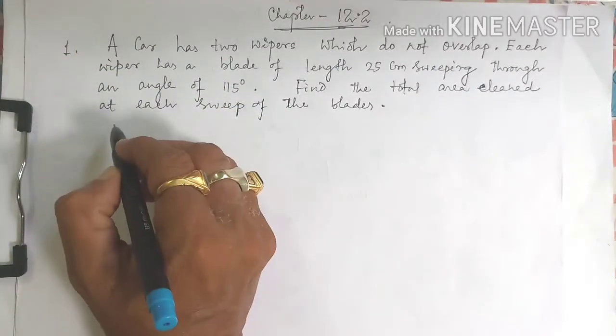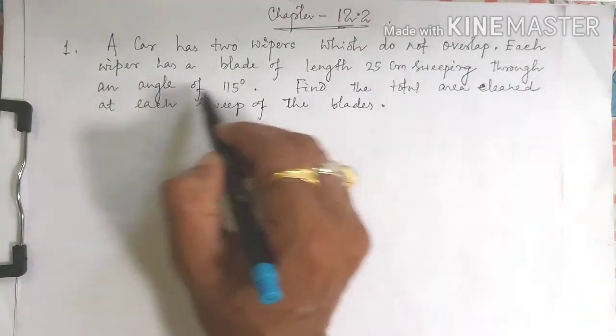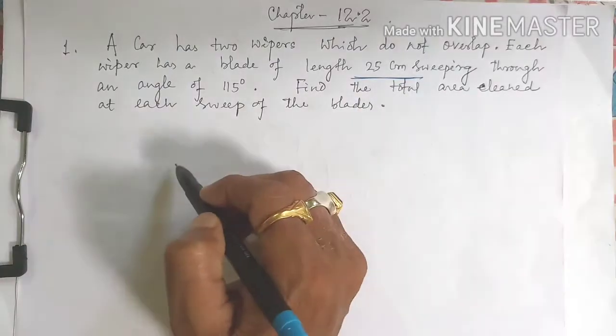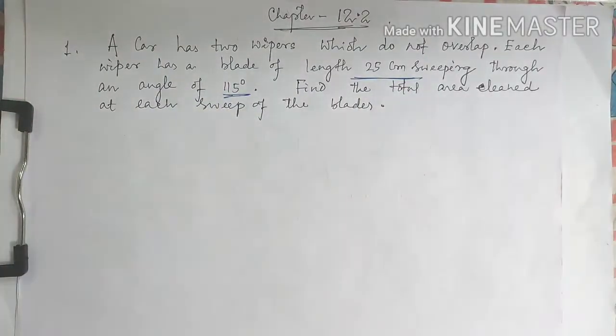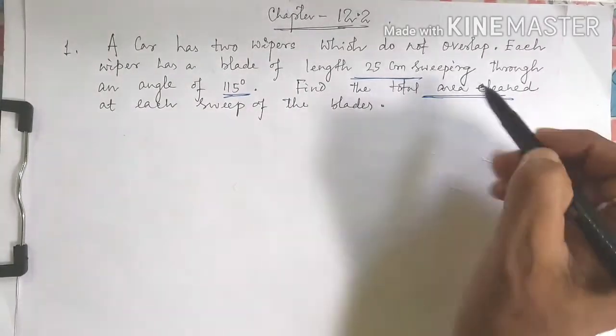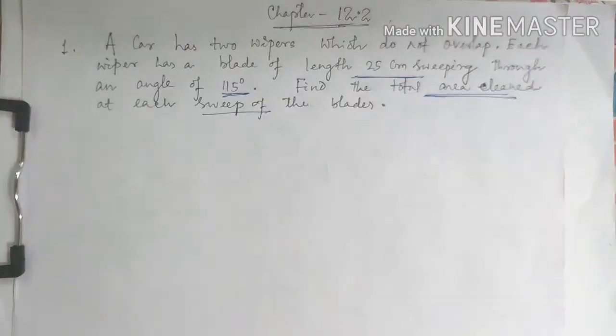A car has two wipers which do not overlap, and each wiper has a blade of length 25 centimeter and the angle is 115 degree, and we have to calculate the total area swept by the blades.